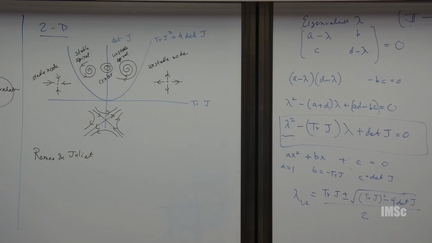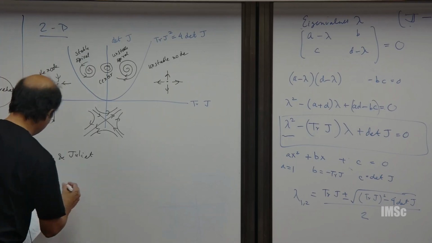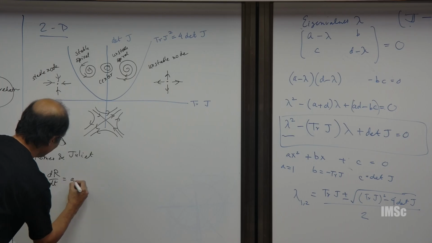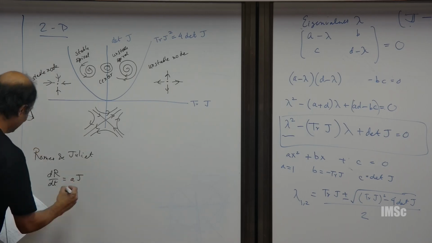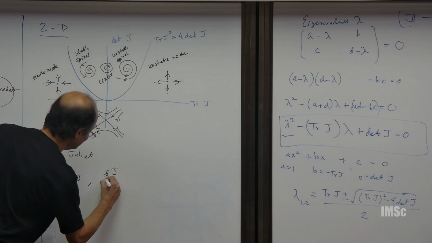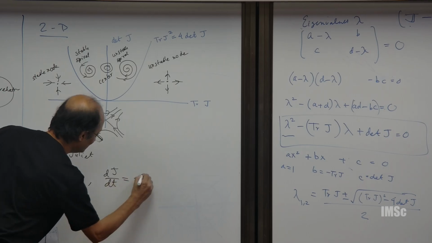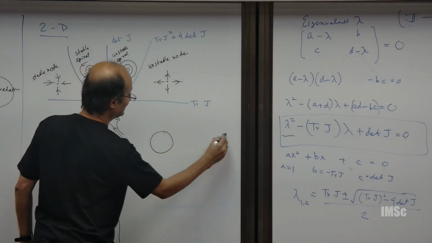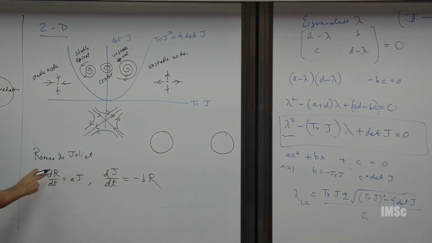Alright. So, first let us take the case of dR/dt equal to aJ and dJ/dt is equal to minus bR. Okay. Pictorially I can represent like this. So, what is R? R is Romeo's love for Juliet and J is Juliet's love for Romeo. Okay. If it is positive, that means the corresponding person loves the other person.